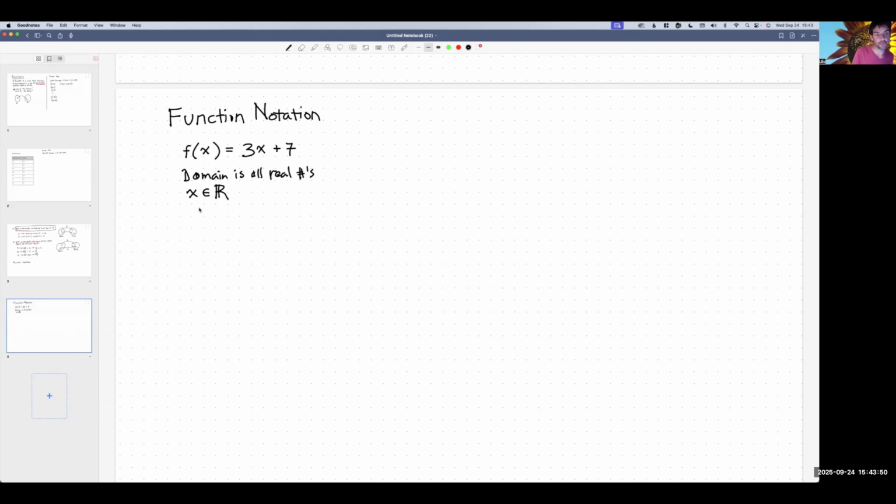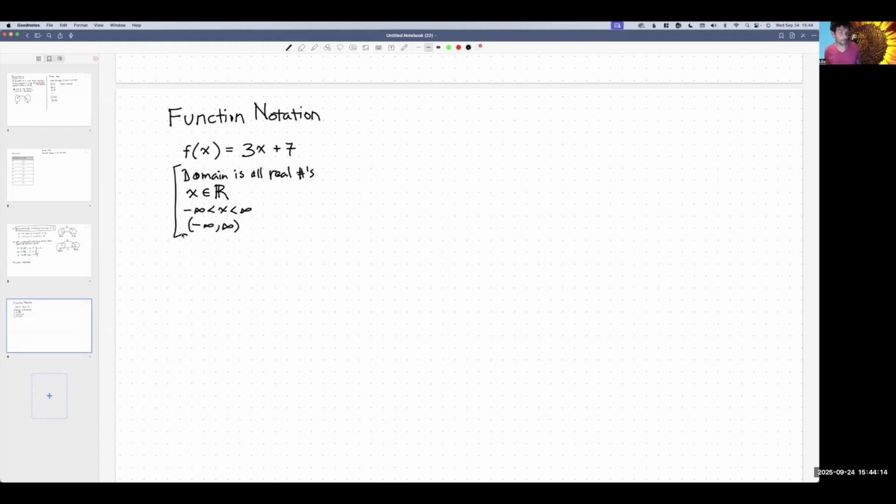We sometimes write it like this: since x is any number, x is going to be between negative infinity and positive infinity. We could also write it in interval notation, which again means any number between negative infinity and positive infinity, which is all of the numbers, right?